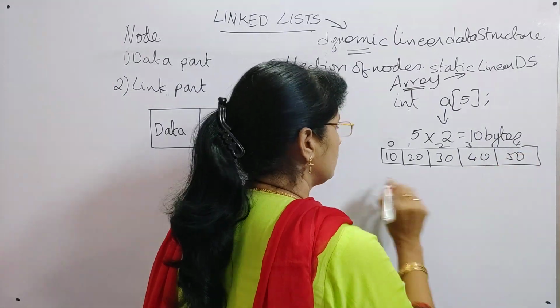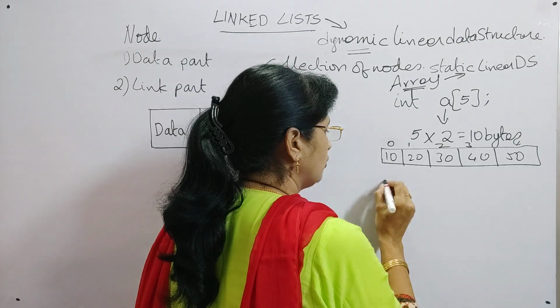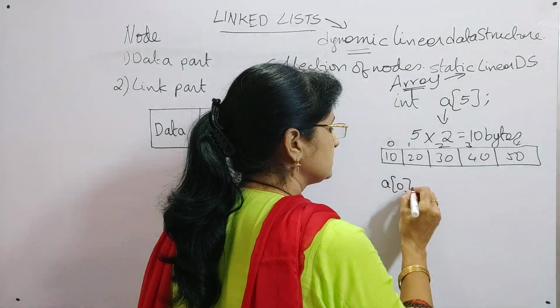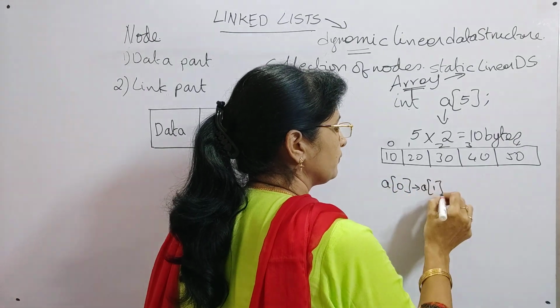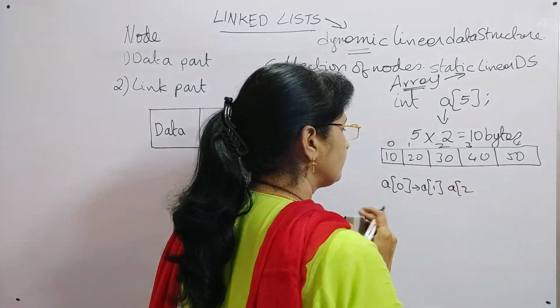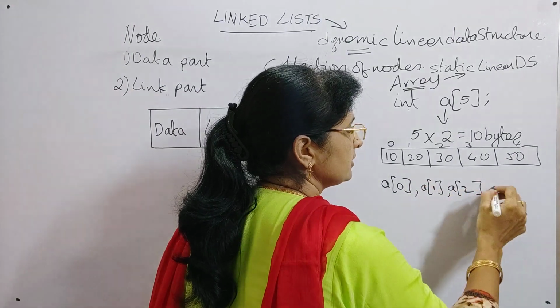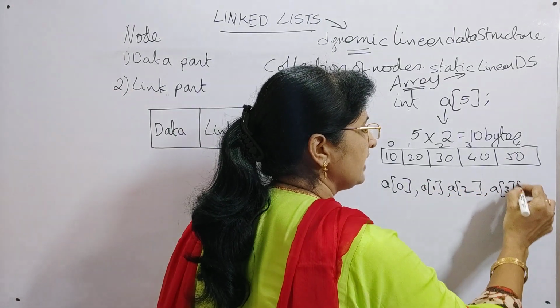Here also the elements are linked together. A of 0 is linked to A of 1, A of 1 is linked to A of 2, A of 3, and so on. So that's why this is also called a list.